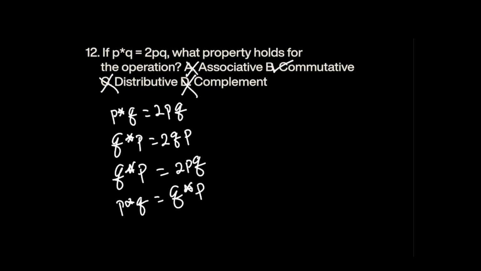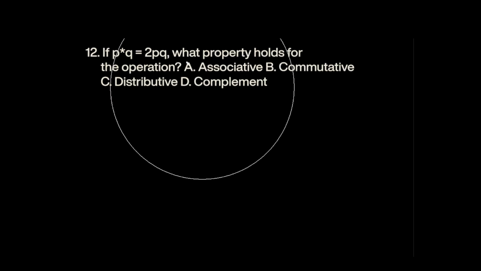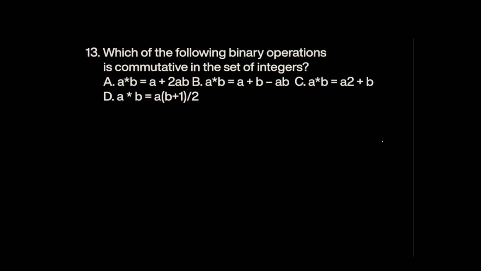Is that taken now? So let's look at the next question, still under these algebraic laws. Which of the following binary operations is commutative in the set of integers? We are looking for the one that is commutative. There's no way we can make a guess, but we can start by checking each option.